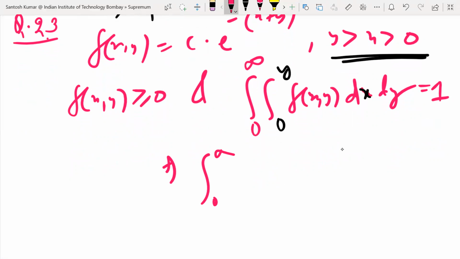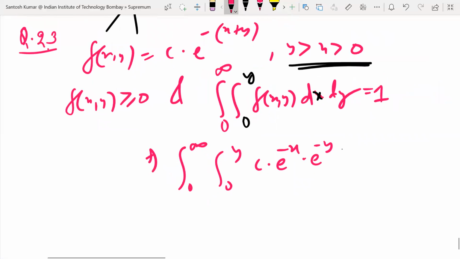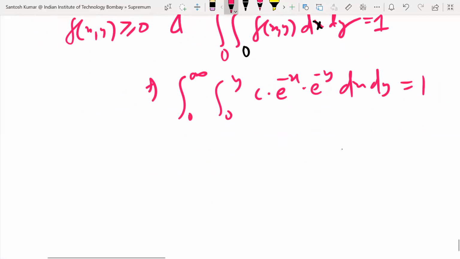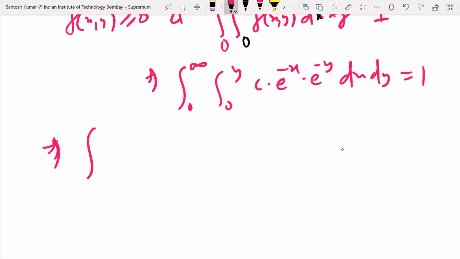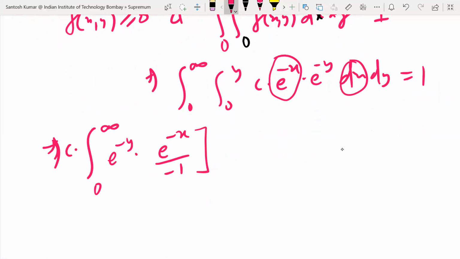So let's integrate from 0 to infinity, and 0 to y, c e^(-x) times e^(-y), since we can split the power, dx dy equals 1. Let's continue this integration. c is outside and e^(-y) is also outside. The integral of e^(-x) with respect to x is e^(-x) upon minus 1, with limits 0 to y, dy, equal to 1.